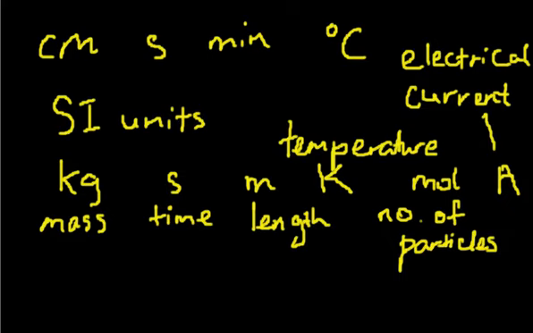I shall mainly focus on these 6 units. Right. Now, let me say a little bit about how we can use these to build up other units. So let me look at some examples.